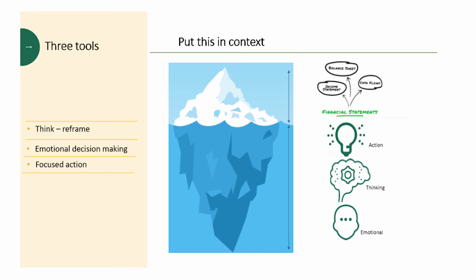So there's no use fixing the financial statements at the top if you ignore the implications on the actions, thinking, and emotions, both of you as the business owner and your employees and your customers and your suppliers and your investors and your bankers. So it's very important that you spend most of your time thinking through the actions, looking at the emotions, and rethinking how you wish to approach things.